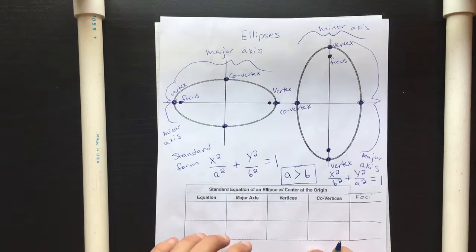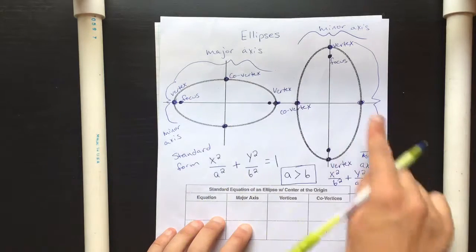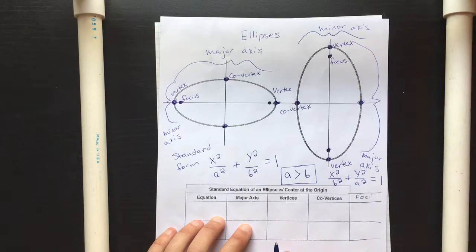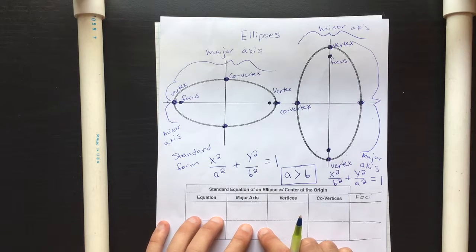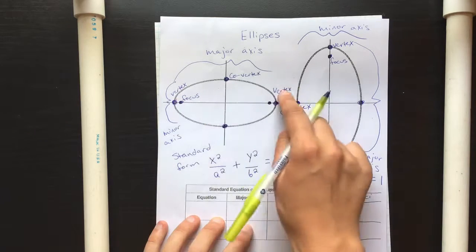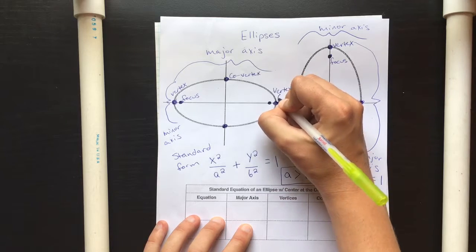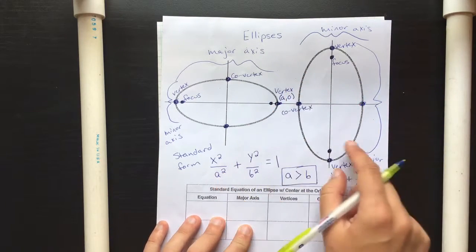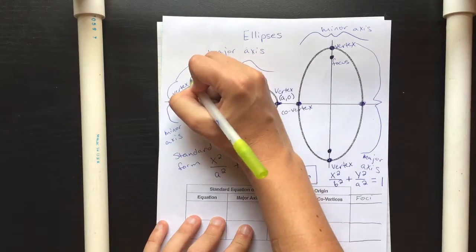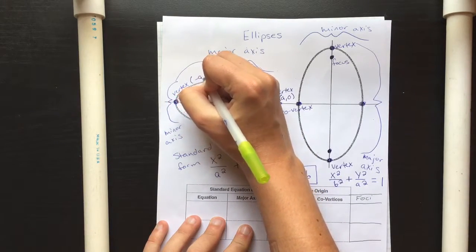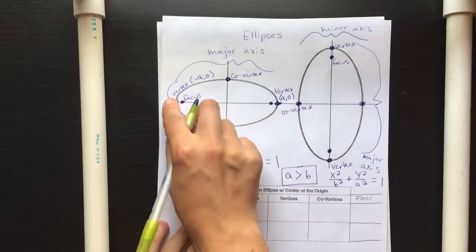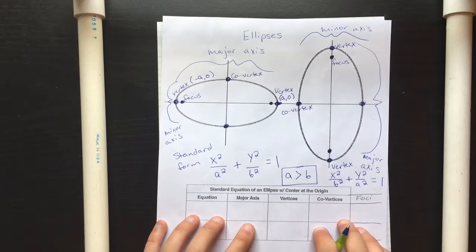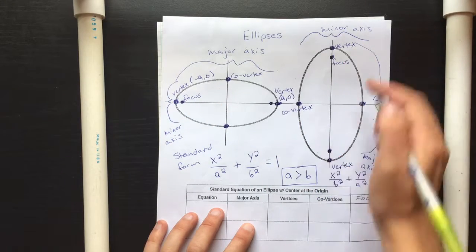Alright, so now we need to label the various parts of our ellipse that matches the standard form. So the vertex on this side is a comma 0, the a coming from here, and the other vertex is negative a comma 0, since on the other side. And same for this one.